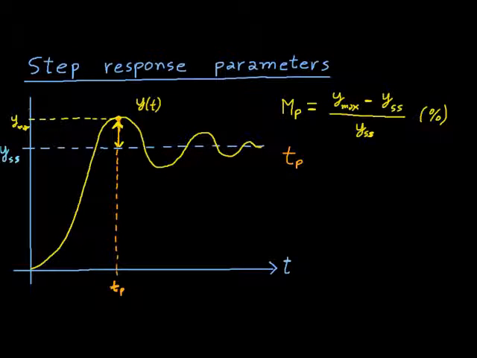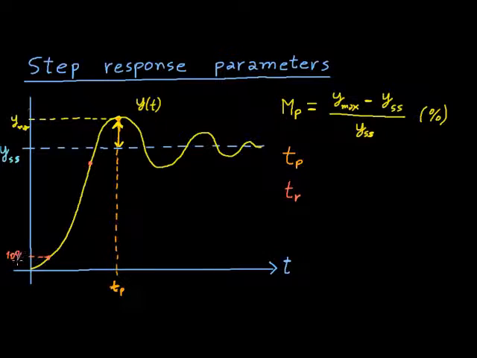Okay, the third parameter is called the rise time, T_R, and it's defined as the time it takes the system to go from a certain low value to a certain higher value. So for example, in this case, this is 10% of the final response.